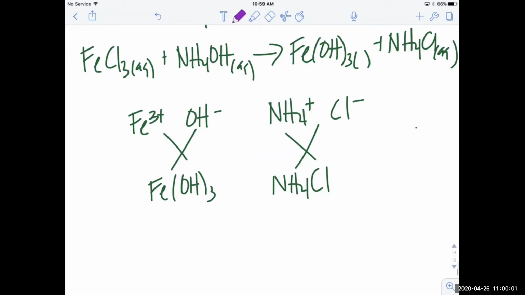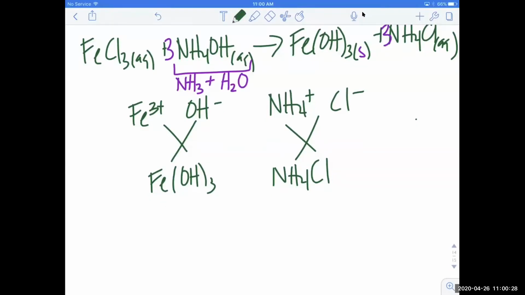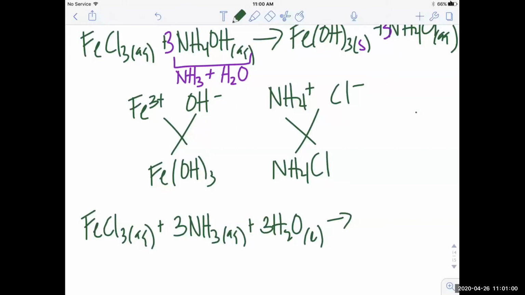So the final balanced chemical equation will be FeCl3 aqueous plus 3 NH3 aqueous plus 3 H2O liquid goes to FeOH3 solid plus 3 ammonium chloride aqueous.